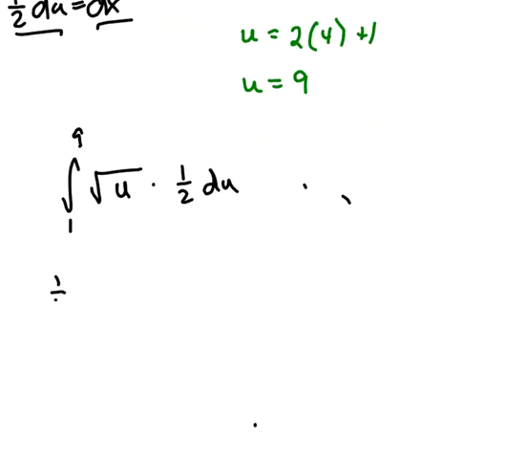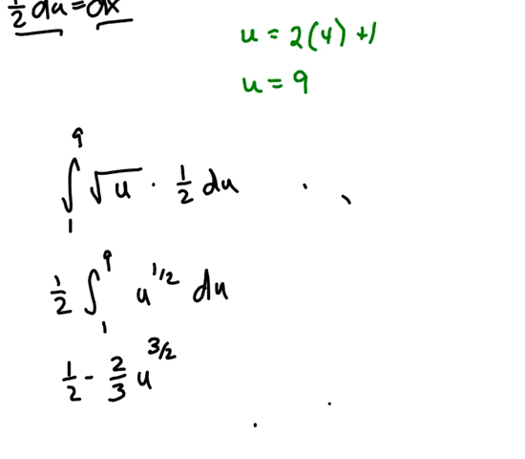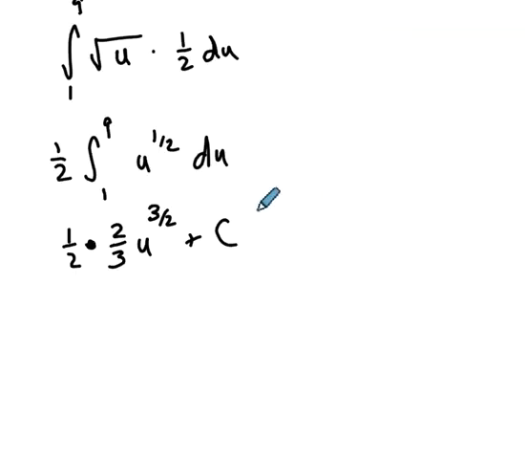Can put the 1/2 on the outside. u to the 1/2. So I got u to the 3/2, 2/3 of it, with the 1/2 on the outside. Plus c. Now I'm going to evaluate this at 9 and 1.